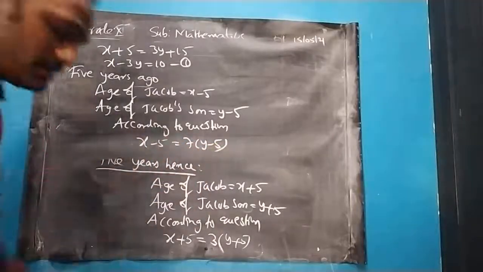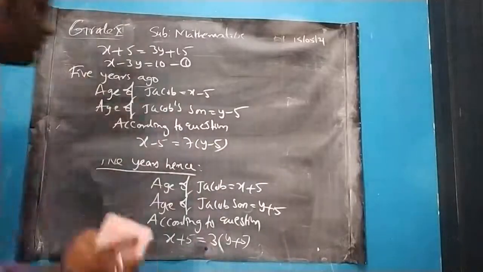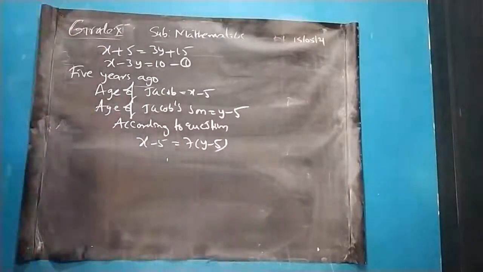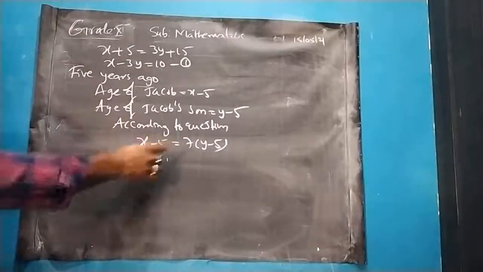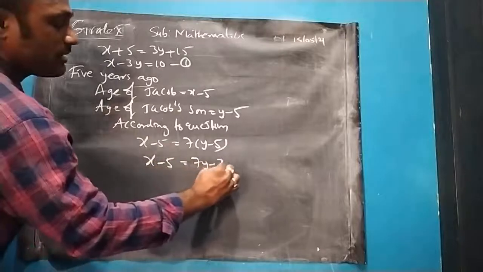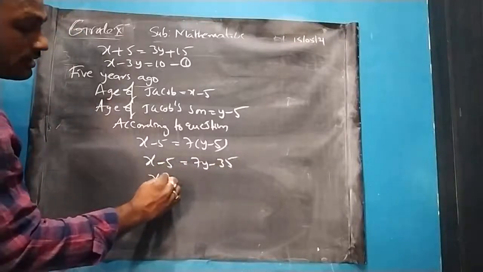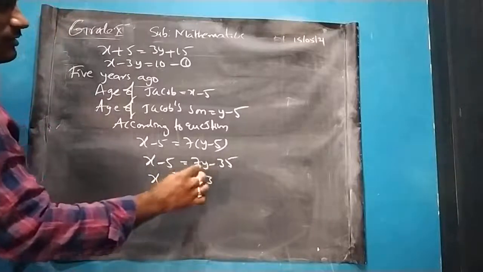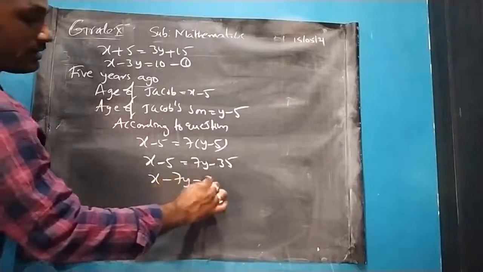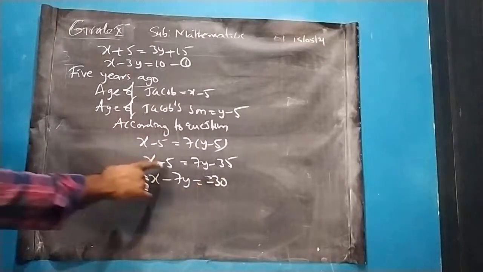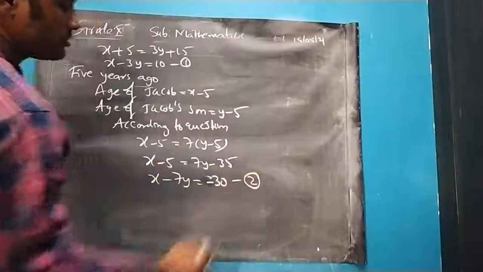The question is saying that Jacob's age is 7 times his son's age. So X minus 5 is equal to 7Y minus 35. So X minus 7Y is equal to minus 35 now. We can write it as minus 30 plus 5, transposing this.